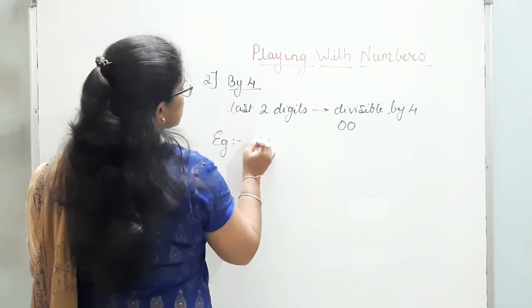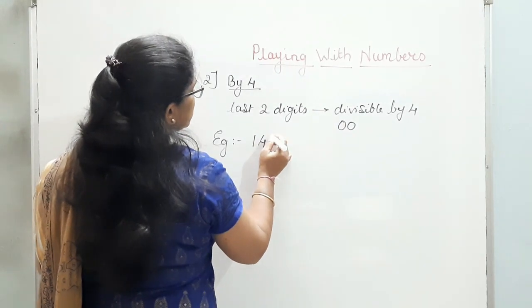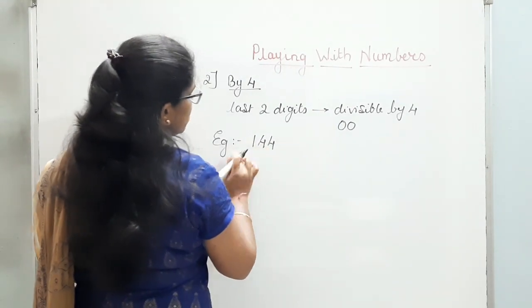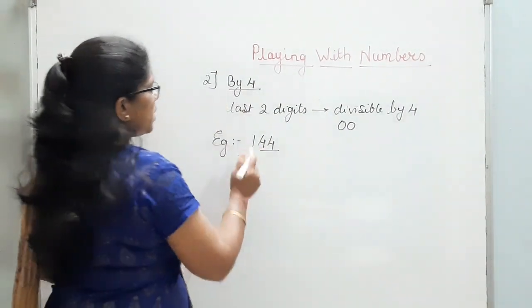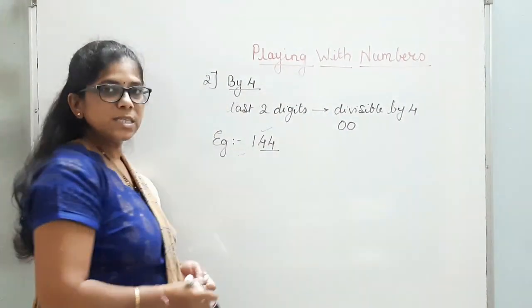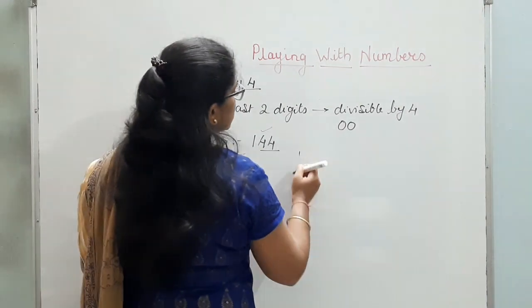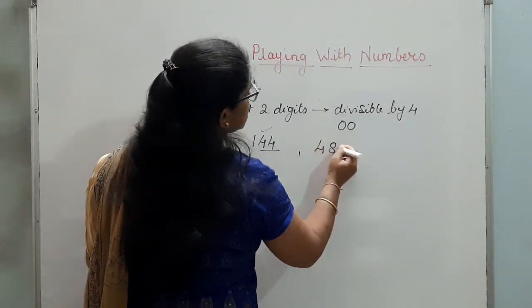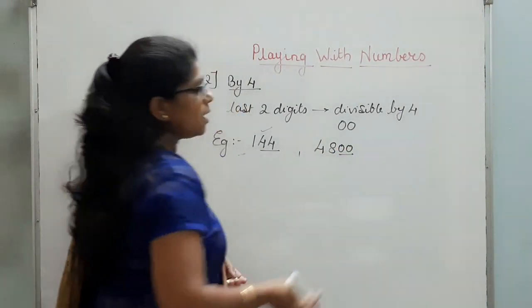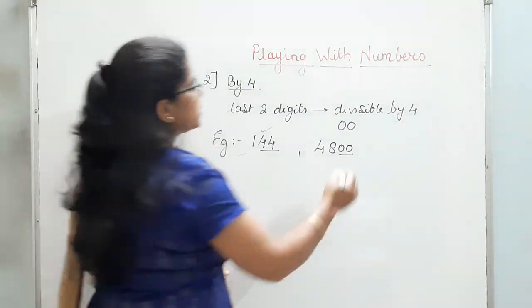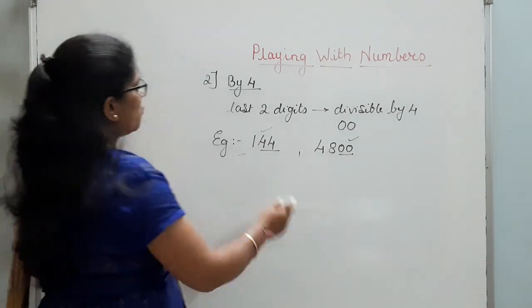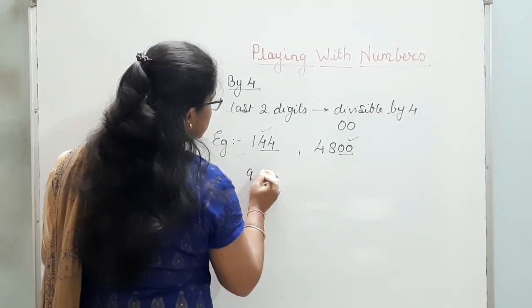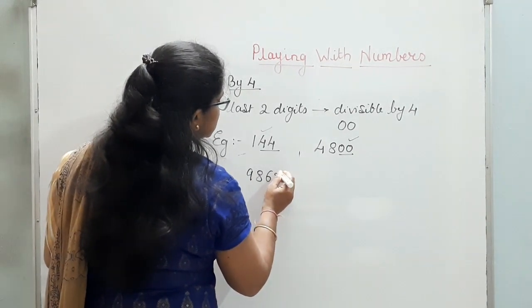If the number is 144, just have a look at the last 2 digits, 44. Yes, this is divisible by 4. That means 144 is divisible by 4. 4800. Here the last 2 digits are 0, 0. That means yes, even this 4800 is divisible by 4. 9867.